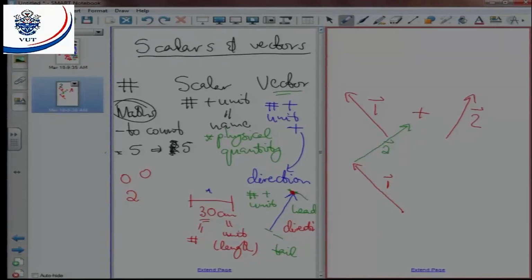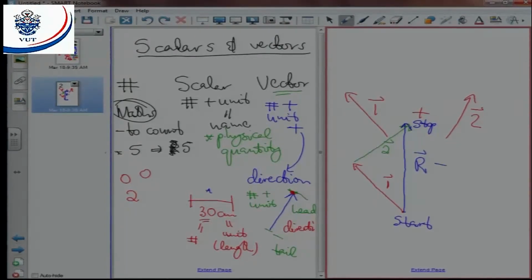Then that's my result, and my result is I started over here and I stopped over there. So if this is the beginning and that's the end, then what was my total displacement or result? The result is from the start to the stop, and we call that vector r.